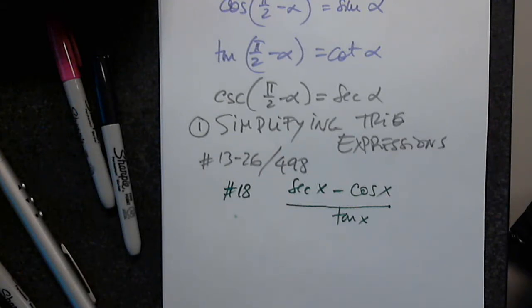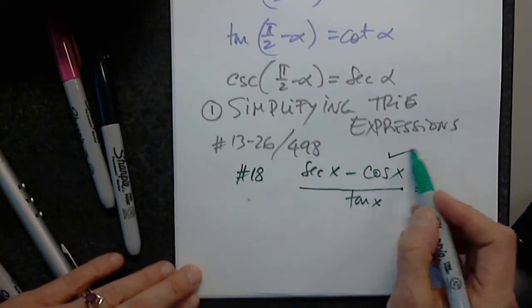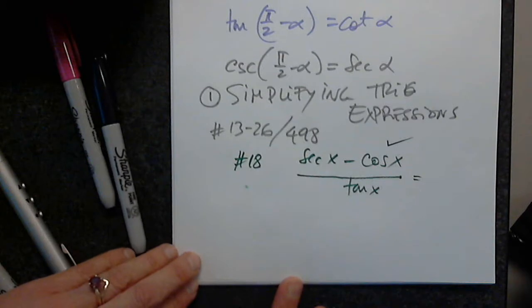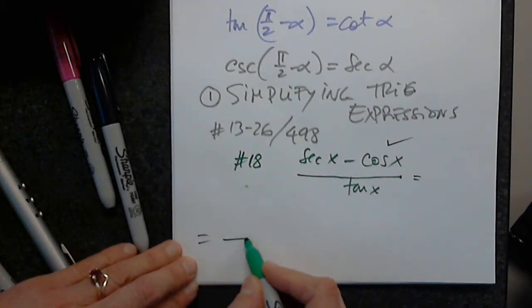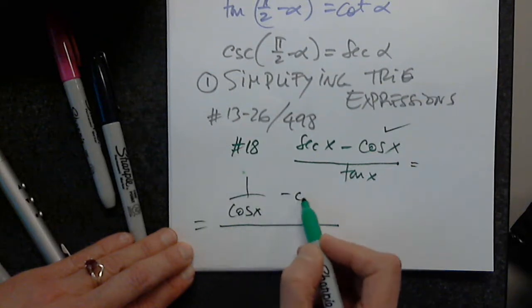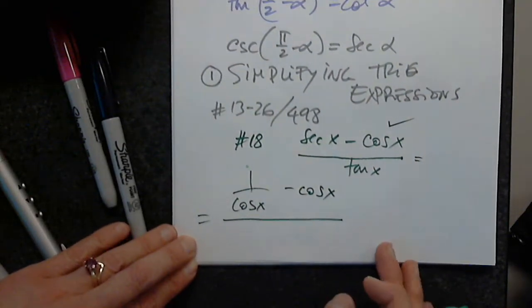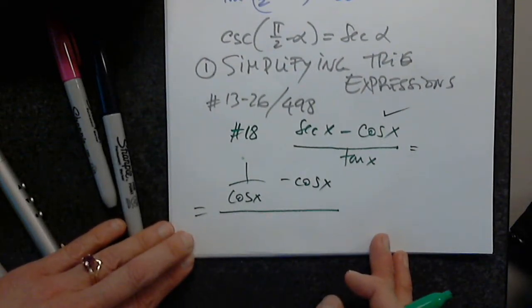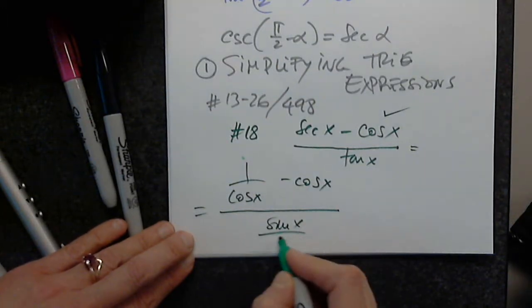All the other four functions depend on sine and cosine in some way or another, either on both or one or the other. So I'm going to go as simple as possible. Of course I will not change cosine into anything because I can't, but I will change secant into 1 over cosine, and then cosine stays, and I will change tangent into sine over cosine.